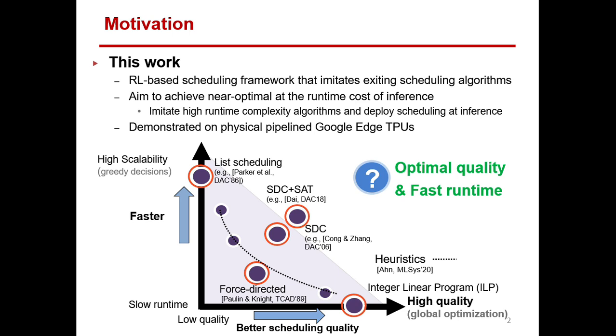In general, an ideal scheduler should provide a near optimal solution with a low solving runtime overhead. Because reinforcement learning can imitate the behavior of the exact method and has a short inference runtime, we decided to use reinforcement learning as our scheduling method.